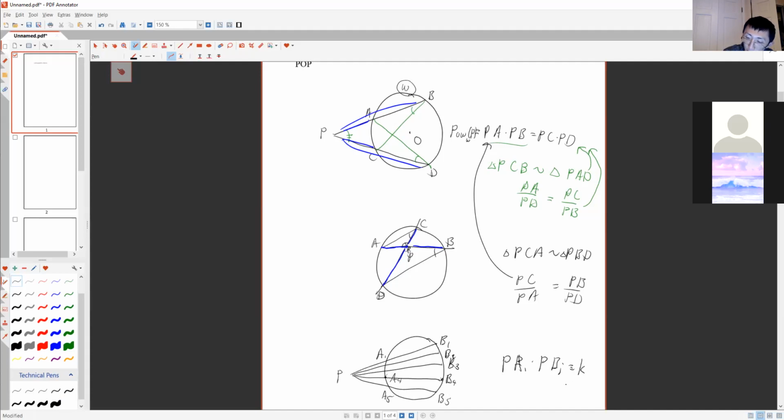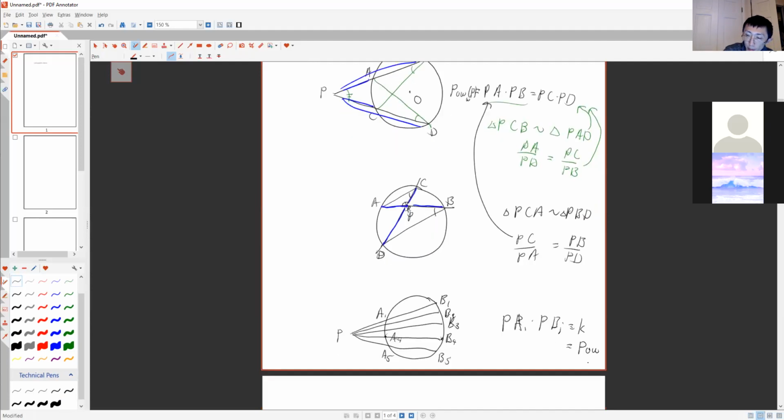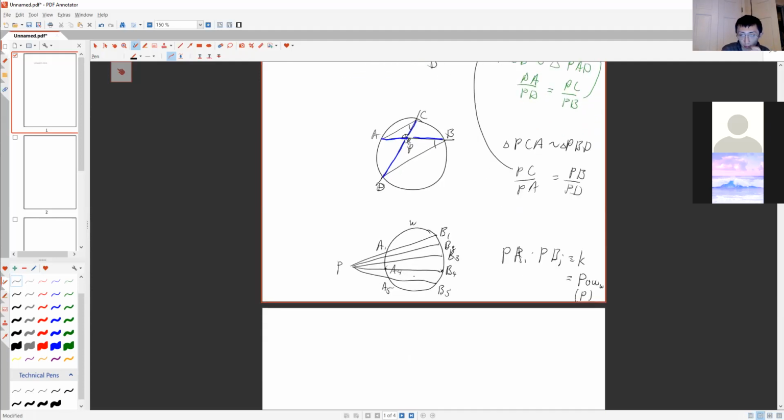So this is a constant, and we call that constant the power of the point P with respect to the circle omega. So this is like an invariant, right? First let's get a formula for it.